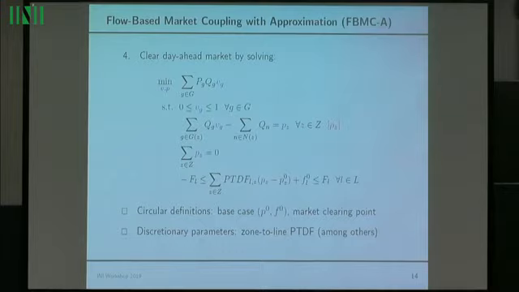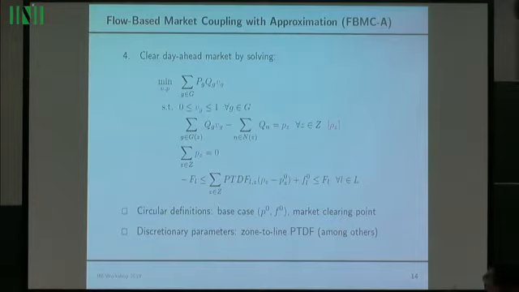At the same time, there is significant discretionary freedom by the TSOs in terms of selecting this parameter here, because this parameter is not something that's physically measurable. But it affects the performance significantly.